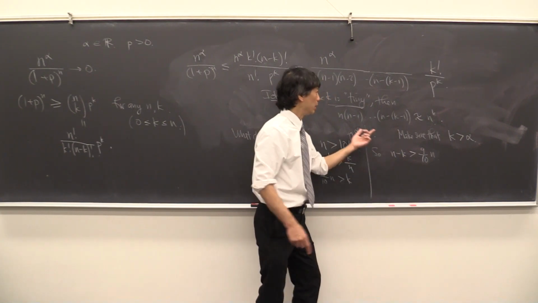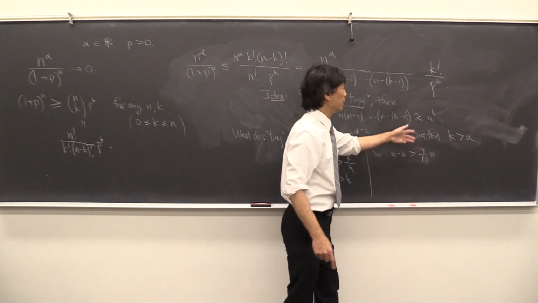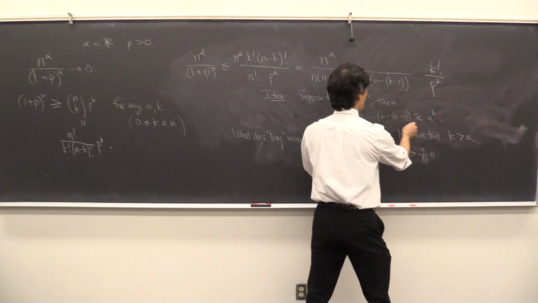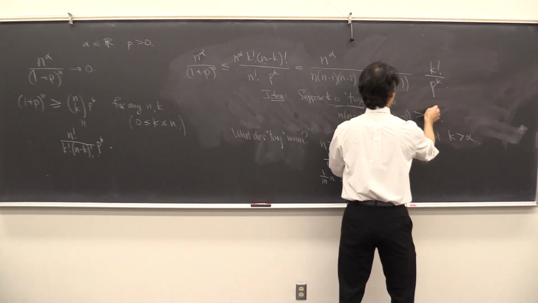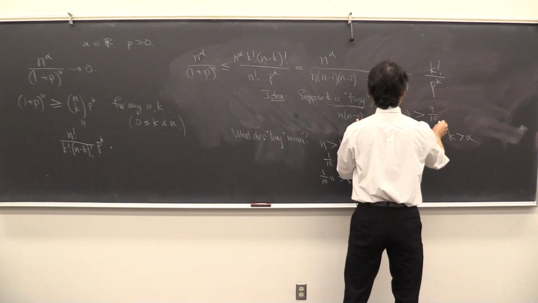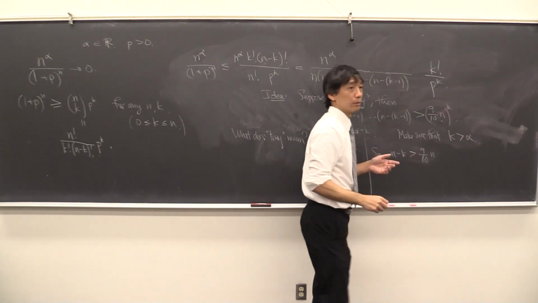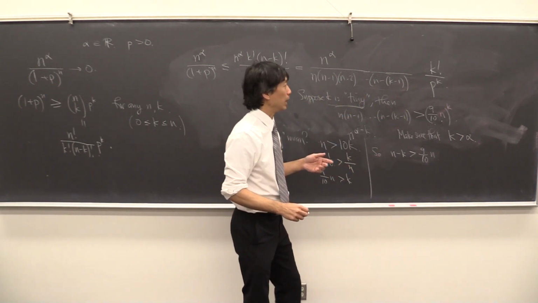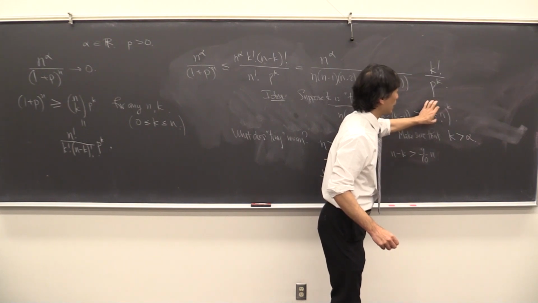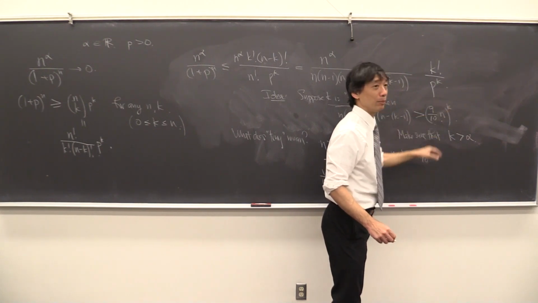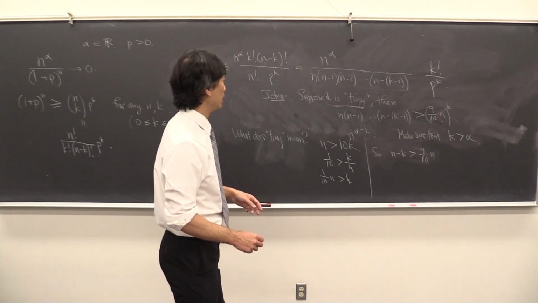So each of these terms is bigger than 9/10 of n. So what we get here is that it's bigger than (9/10 of n) to the k. But that's still okay, it's just a constant times some power of n.